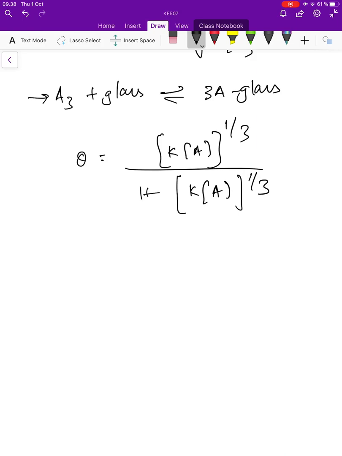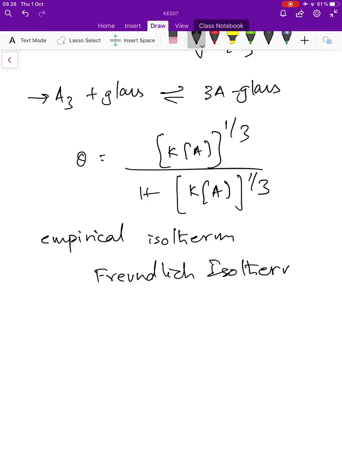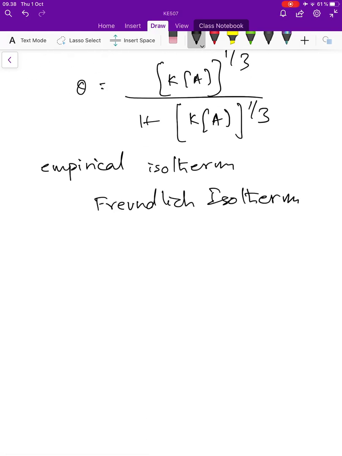So this is the simplest isotherm, but for non-ideal systems, we typically use more empirical isotherms. So you measure the concentration and you measure the rate of adsorption, the amount of adsorption. And one such isotherm is called the Freundlich isotherm, which says that the amount of material adsorbed is equal to a rate constant multiplied by a concentration to the power of n, an exponent n.